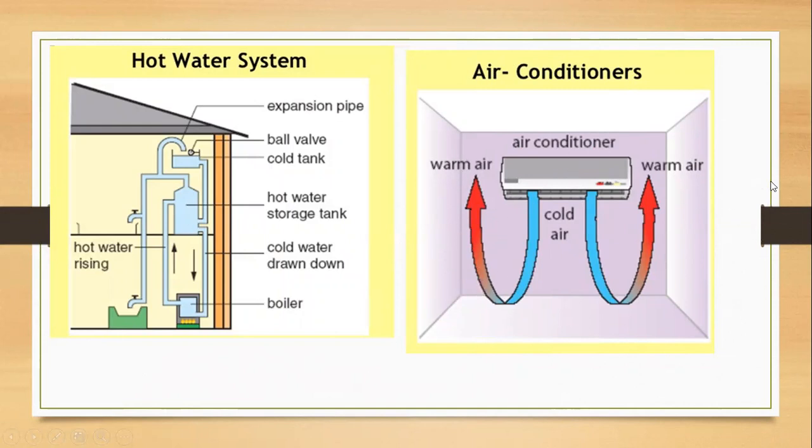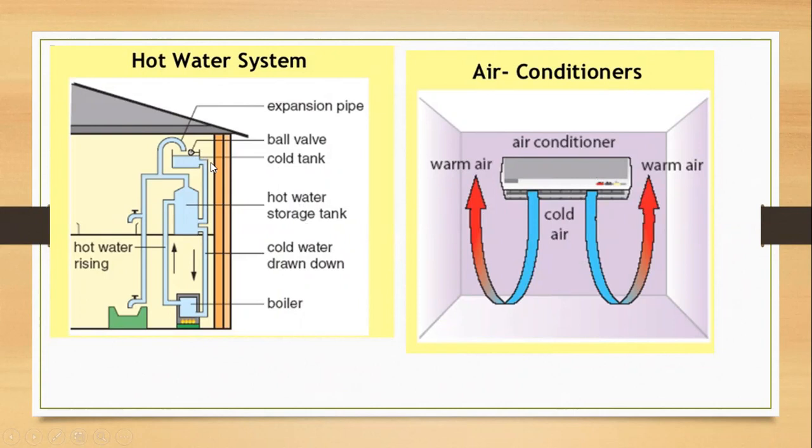When it goes through the air conditioner, it cools, and when it cools it becomes more dense and falls down. So this is how a convection current forms, and the whole air in the room cools down. And a similar hot water system also makes use of a convection current.